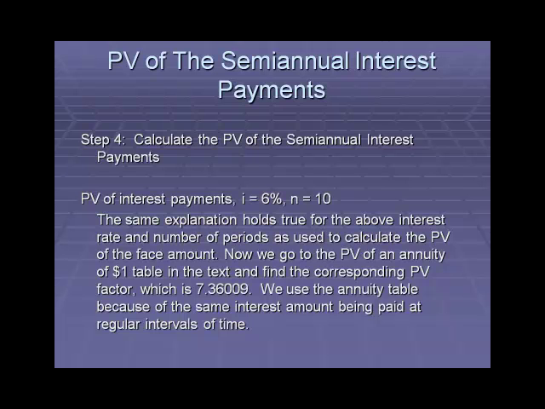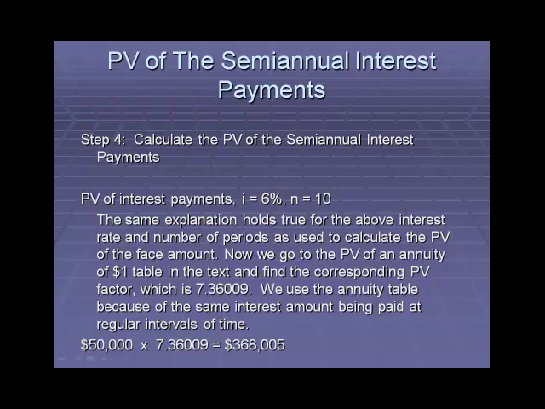But the difference here is, because the interest is paid on a regular basis, the same amount, that's an annuity. So we go to the annuity of a dollar table in the text and find that the corresponding present value factor is 7.36009. And we use the annuity table again because the same interest amount is being paid at regular intervals of time.